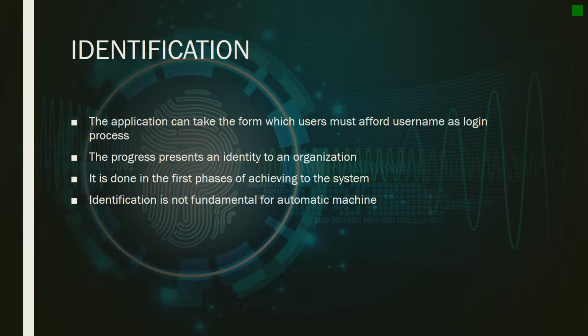The claim can take the form of a username provided during the login process, placing a finger on a scanner, giving the name on a guest list, or any other format in which users claim an identity with the aim of gaining access.